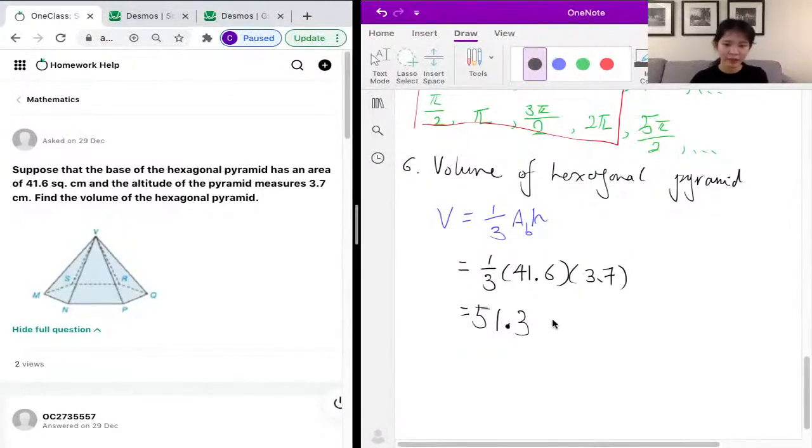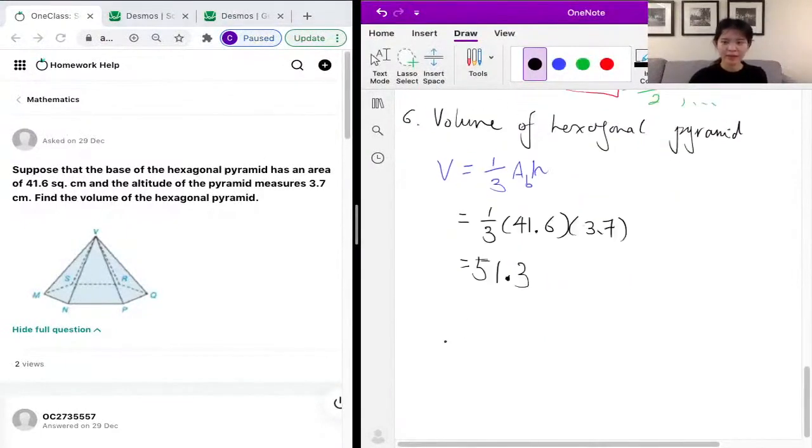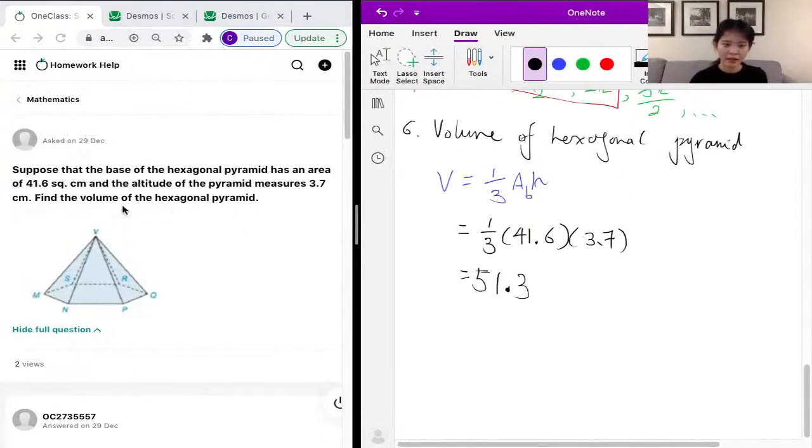This is just the volume of the hexagonal pyramid, and let's say it is 51.3 centimeters cubed.